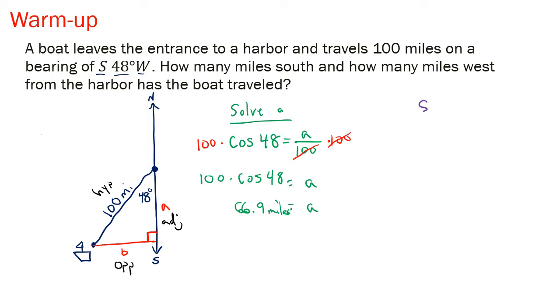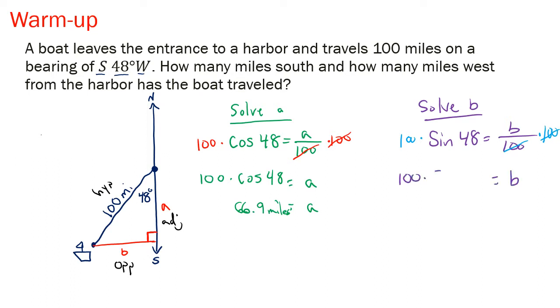Now we're going to go ahead and solve for B. So B, we have opposite and hypotenuse. So we're going to be using sine 48 opposite over hypotenuse. Once again, I'm going to multiply both sides by the 100. So the fraction can cancel out here, giving us B equals 100 times sine of 48.